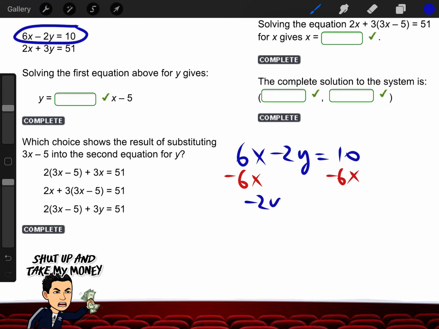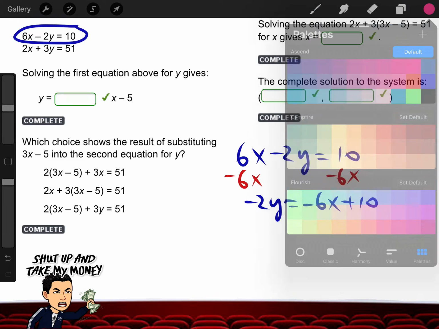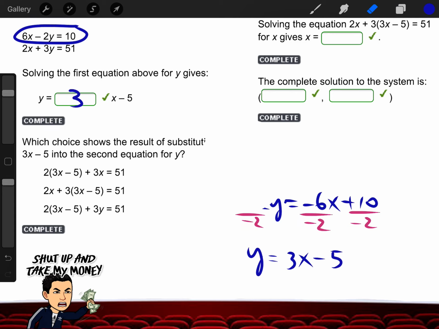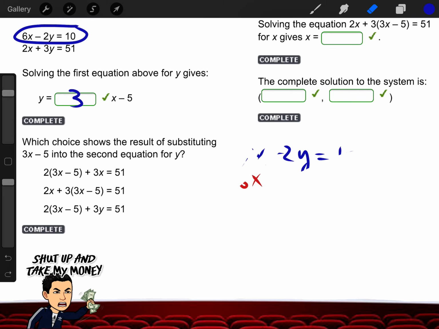We get 2y equals -6x plus 10, and I can just divide by -2 on all three terms. See what's going to happen. I get y equals 3x minus 5. So in the blank, you're going to put 3 in there. Erase this. You need a bigger eraser. Oh, no. Okay, erase this.